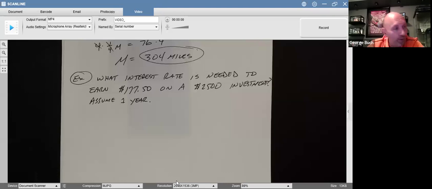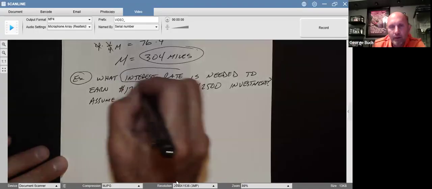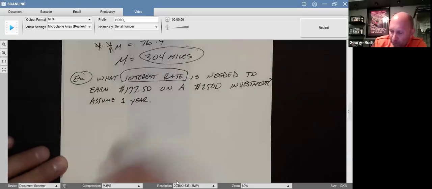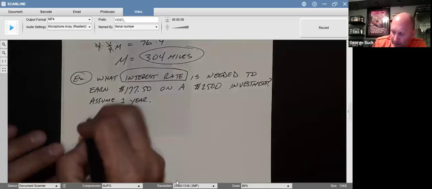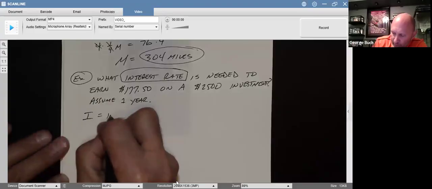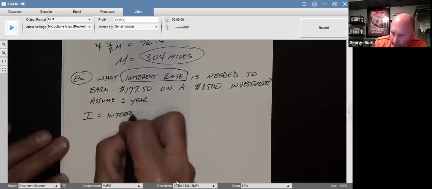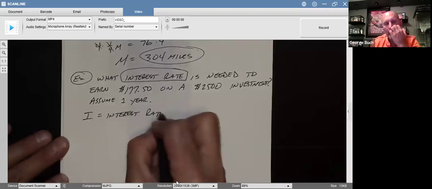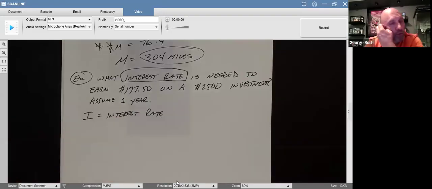The other thing is, again, second, what is being asked? Well, it's what interest rate. And so we can define our variables, say I is that interest rate. And so then to set up our equation, to figure out the interest, it's what?